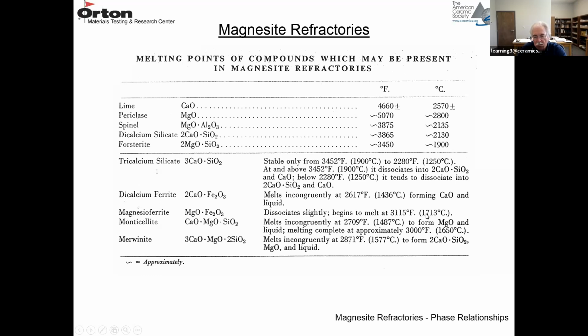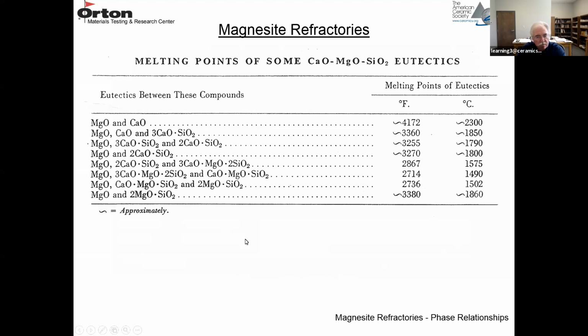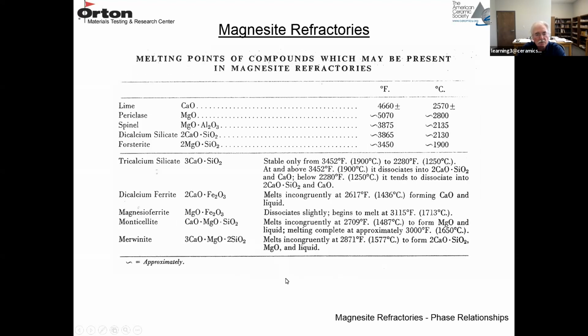That's still a pretty high temperature material, 1713 degrees C. And then we mentioned monticellite and merwinite, 1487 degrees C and 1577 degrees C are where they melt. So those are all the possible compounds with the impurities that you find in MgO and their melting temperatures. This slide was the phases and their eutectic melting temperatures.